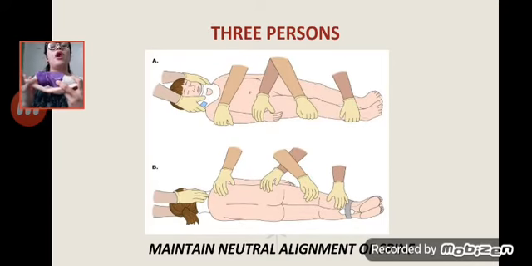So from the count of 1 to 3, the team leader will be the one to instruct that counting. Ma'am, sir, are you positioned already? The leader should also check the position of the patient's hands and those of the team. Then from the count of 1 to 3: 1, 2, 3, go, turn.